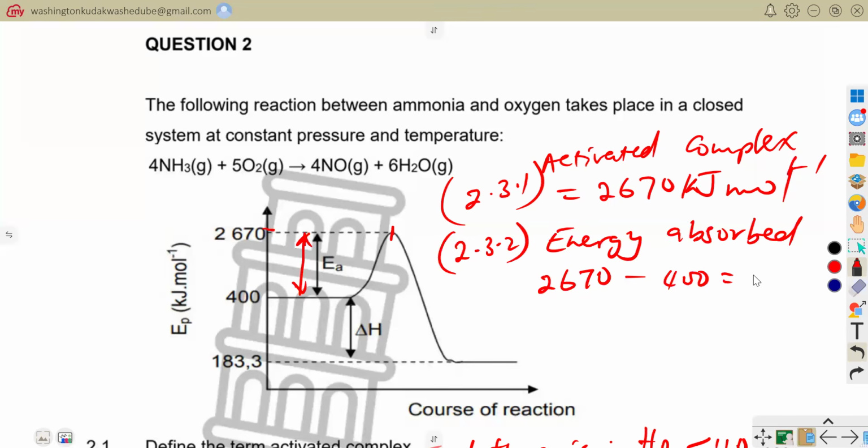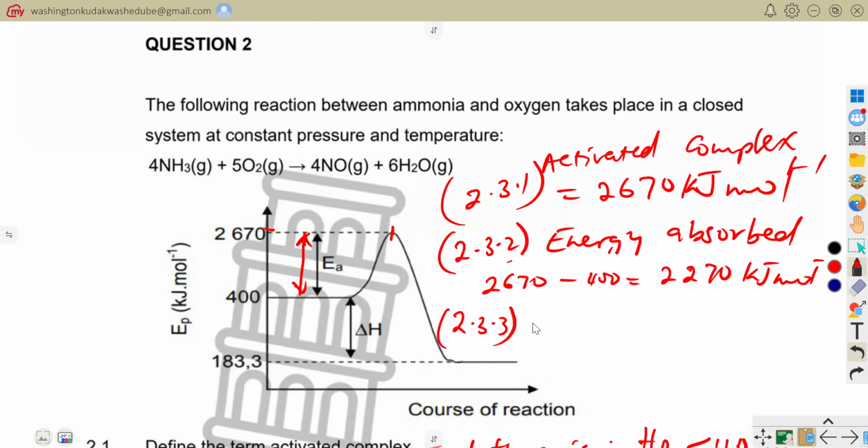And this was going to give us what? 2270. So let me just write it neatly. 2670 minus 400 gives you 2270 kilojoules per what? Per mole.